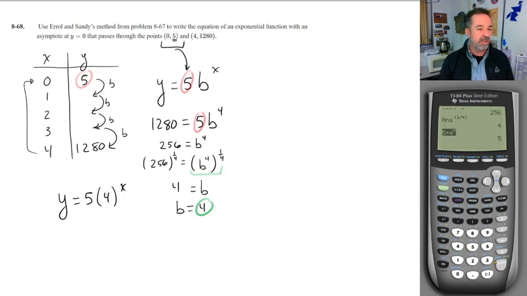If I edit that expression so that instead of 0, I put 4 there, from my table when I enter 4, it better give me 1280. Well, when I do 5 times 4 to the 4th, it does give me 1,280. So I have it.